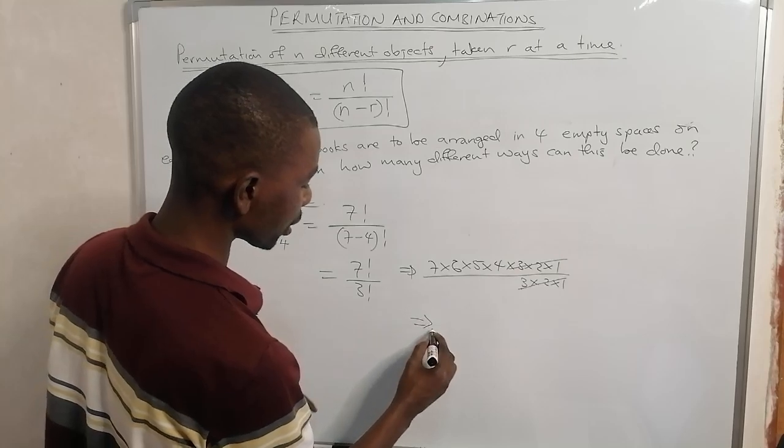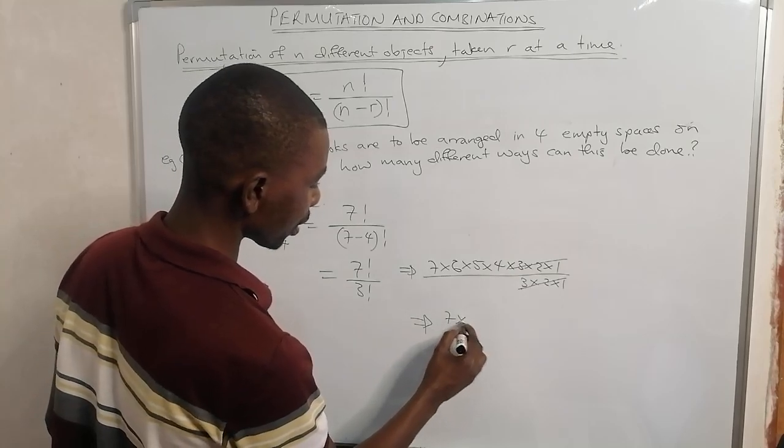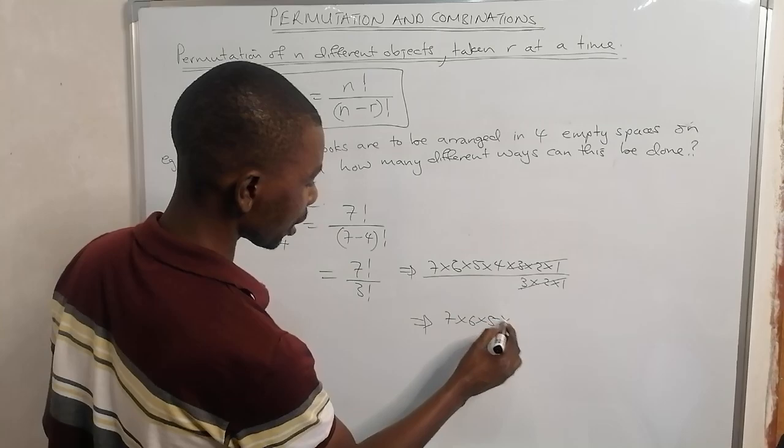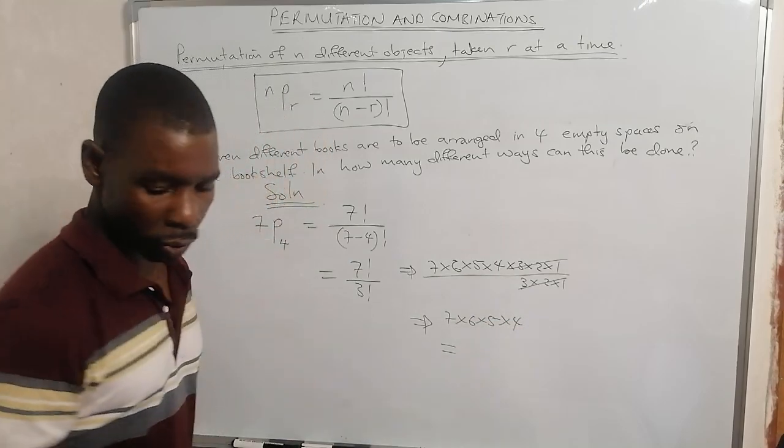Your answer will be 7 times 6 times 5 times 4, which is 840 ways.